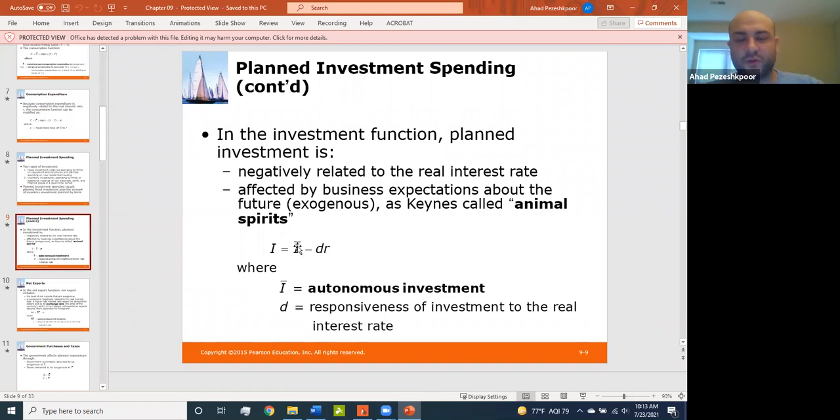Your investment would be equal to your autonomous investment, also the animal spirits, minus some responsiveness multiplied by real interest rate. If real interest rates are low, your situation would be different than when real interest rates are high. Your responsiveness of investment to real interest rate.